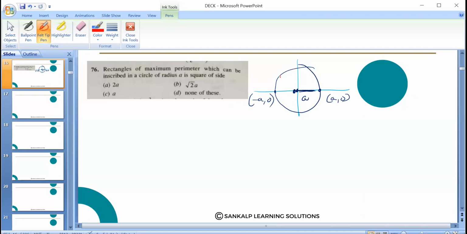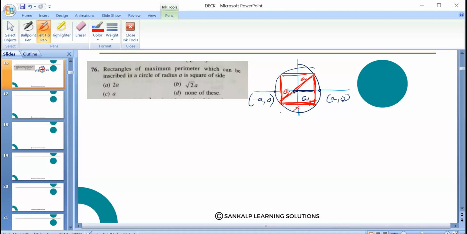We are inscribing a rectangle in the circle. This diagonal is the radius a. This is a right angle triangle.